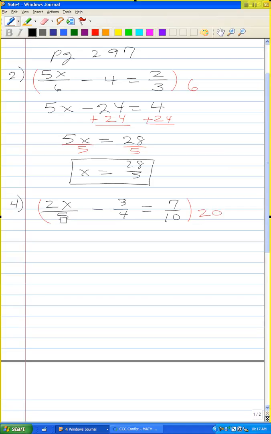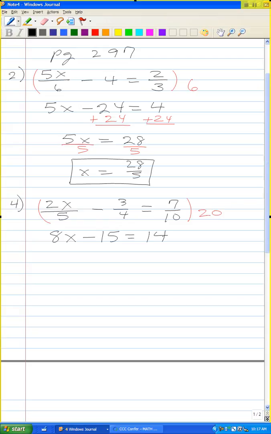20 divided by 5 is 4 times 2x is 8x. 20 divided by 4 is 5 times negative 3 is negative 15. 20 divided by 10 is 2 times 7 is 14.